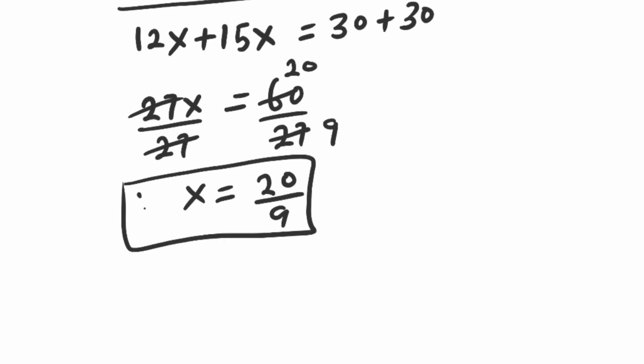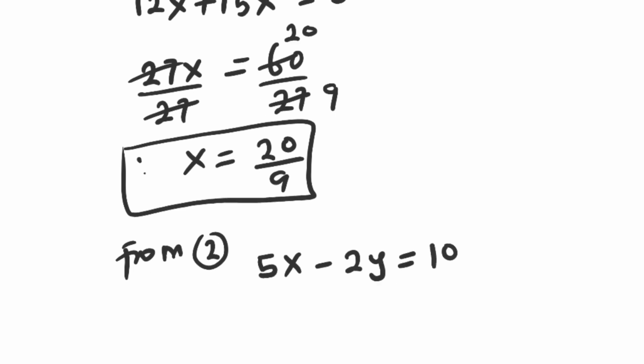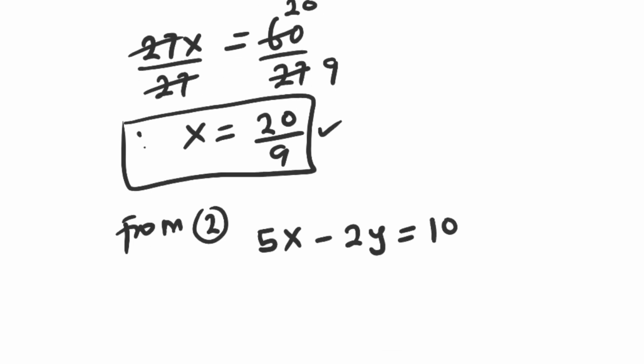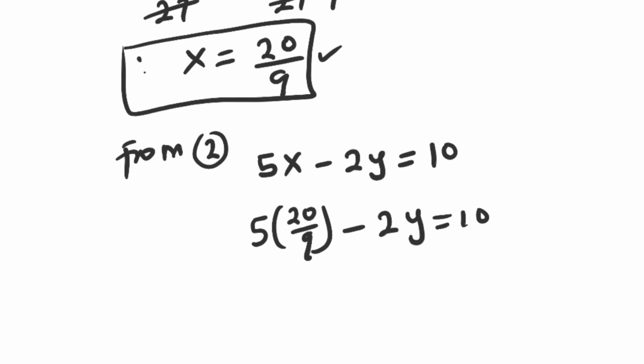From equation 2, we have 5x minus 2y is equal to 10. Then if x is 20 over 9, then this is 5 bracket 20 over 9 minus 2y is equal to 10.